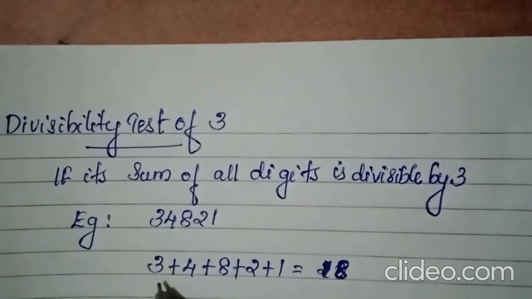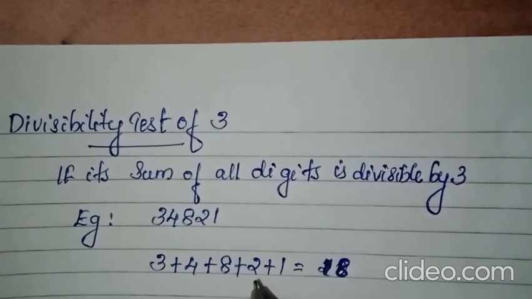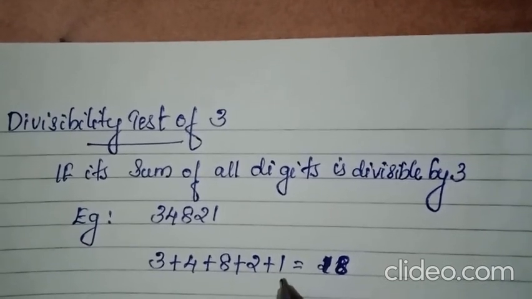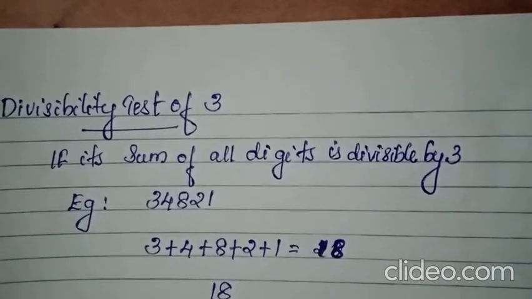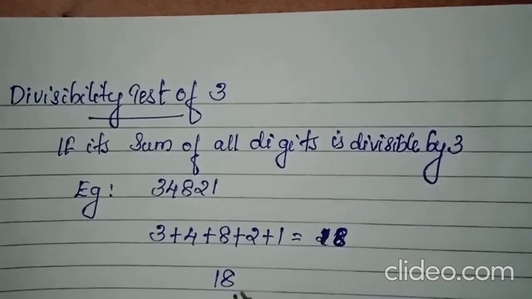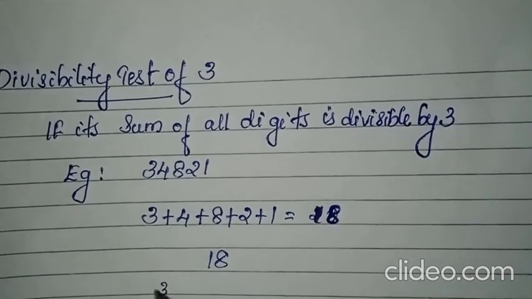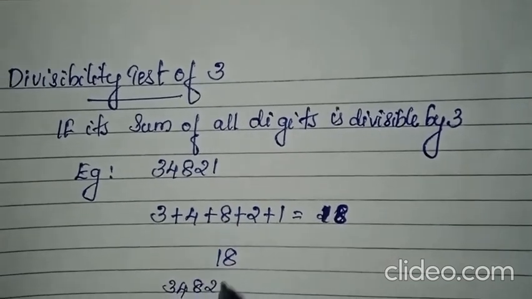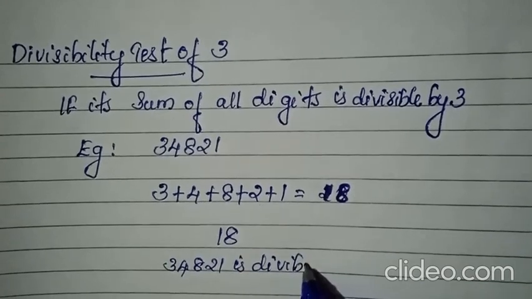That means 3 plus 4 is 7, 7 plus 8 is 15, 15 plus 2 is 17, 17 plus 1 is 18. Look at 18. 18 is a multiple of 3. 18 is divisible by 3. So we can say that this number is divisible by 3. Understood?